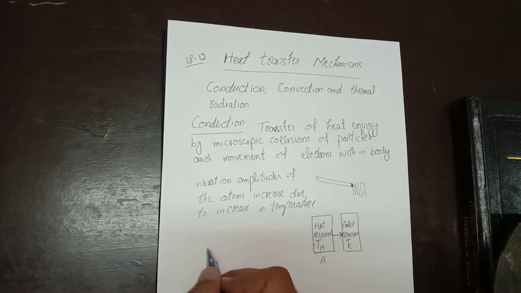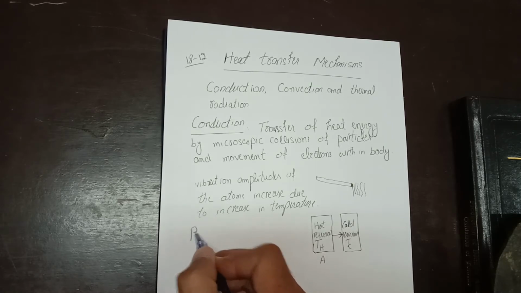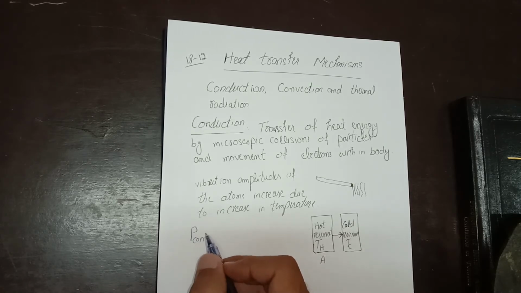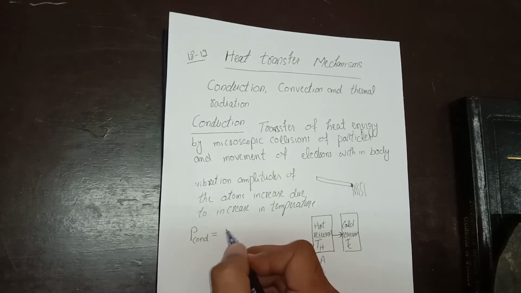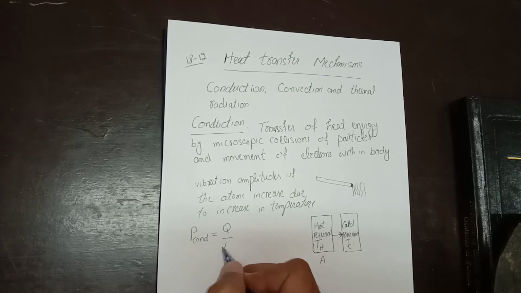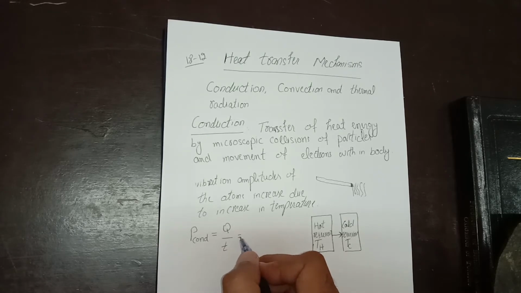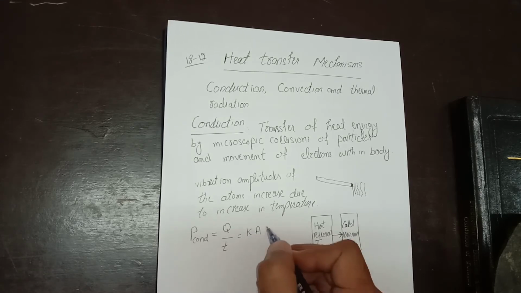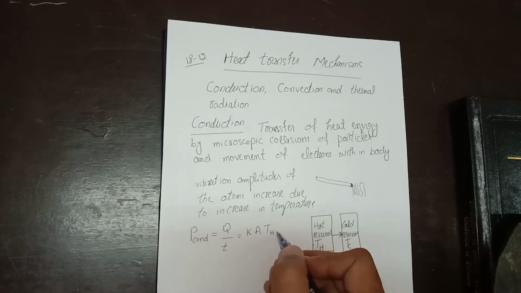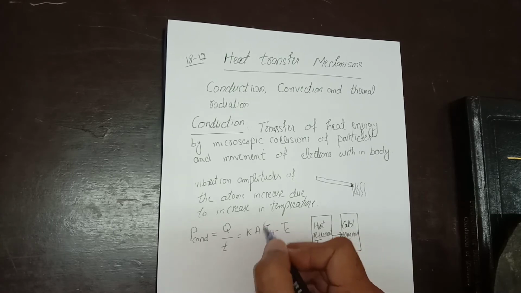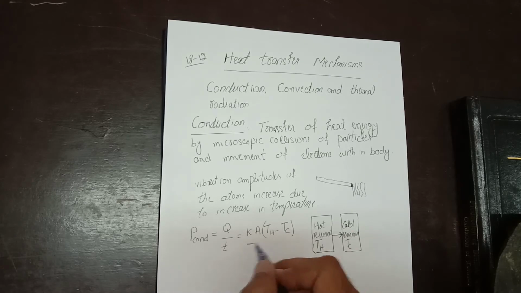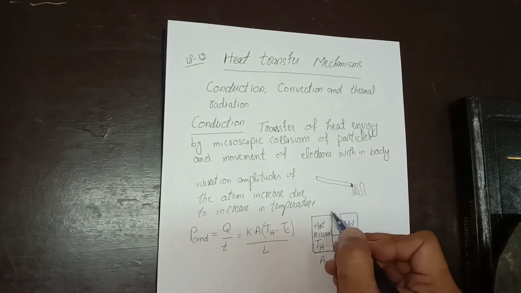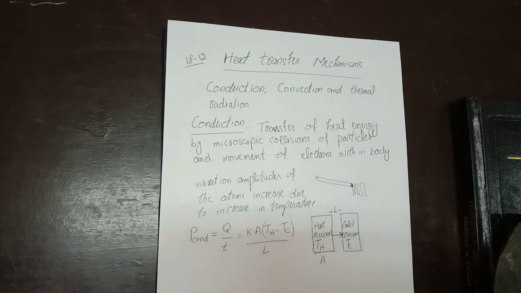When this transfer takes place, we are interested in a quantity known as conduction rate. Conduction rate is the amount of heat energy transferred per unit time. In this case, it equals K times A times (TH minus TC) over L. The separation between these two reservoirs is the length.